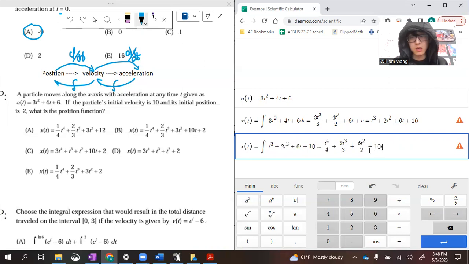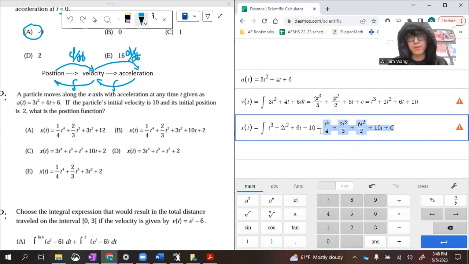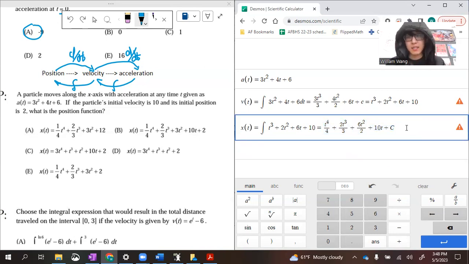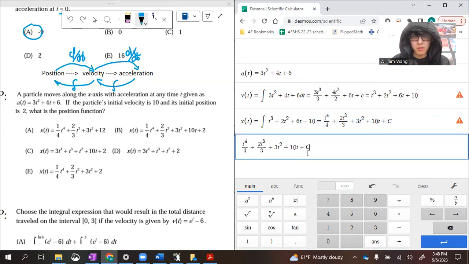Plus 10t plus c. And let's not forget the plus c. There's not much I can simplify here. I guess 6 divided by 2 is 3, so 3t squared.